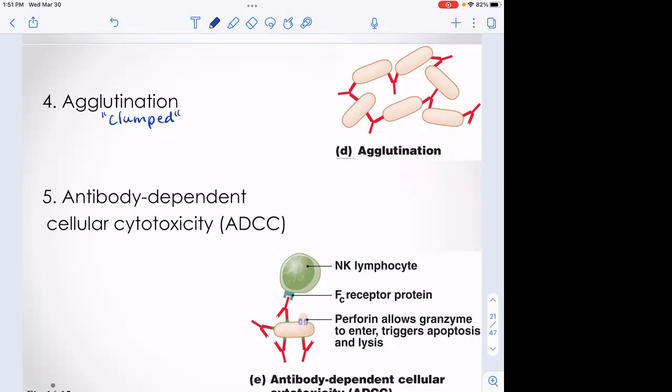So if you have lots of the pathogen all clumped together, because one binding site is on one cell and one binding site of the antibody is on another cell, you can get these great big clumps of pathogen, virus, toxin, whatever, and it's going to be more easily noticed, more easily filtered out, either in the lymph nodes or the spleen.